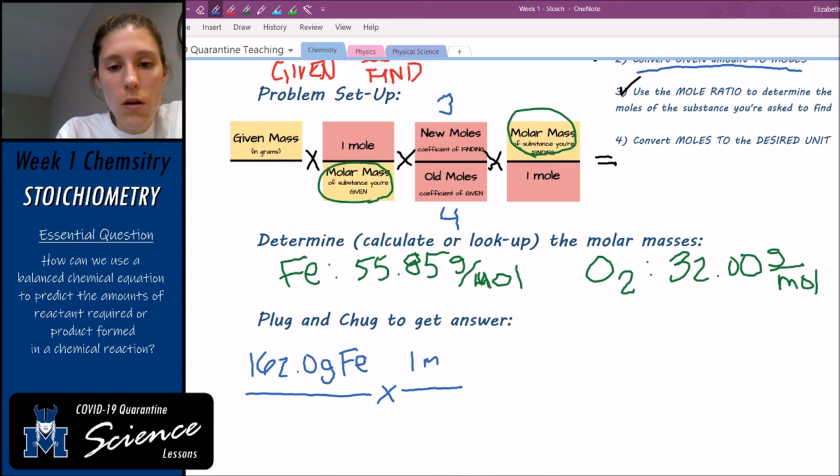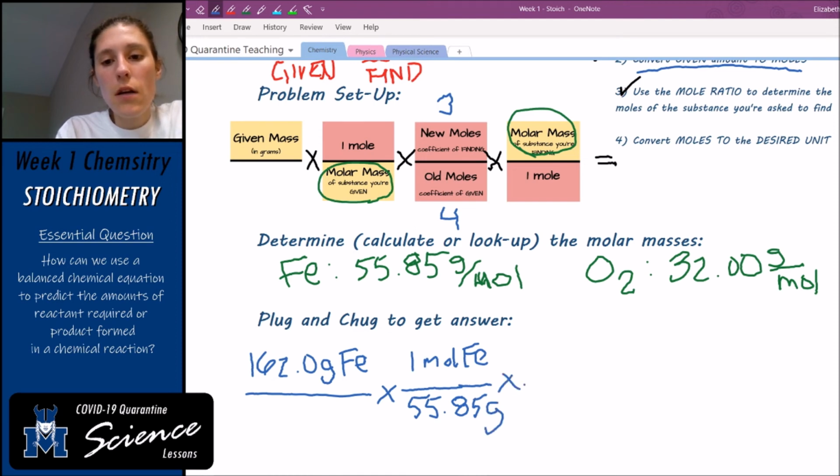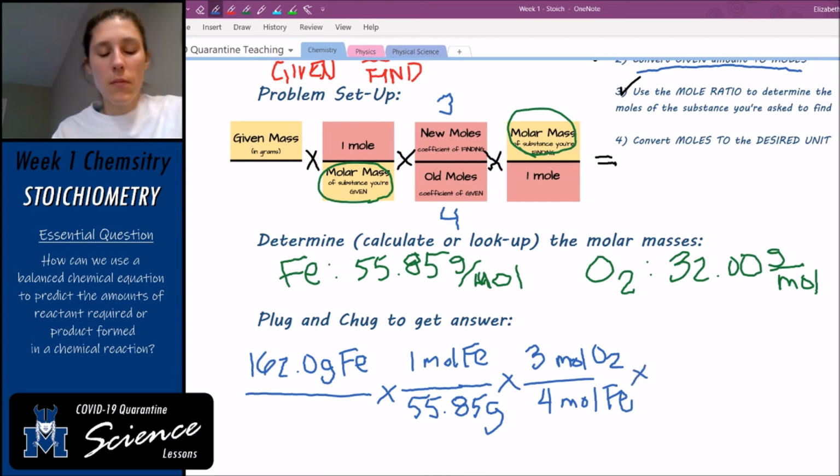So 1 mole of iron is going to be 55.85 grams. I get that from the molar mass. Okay, now I'm going to use my mole ratio. So I have 3 moles of O2 required for every 4 moles of iron. Okay, and then I need my last step, because now if I stopped right here, I would be in moles of oxygen, but that's not what the problem asks.